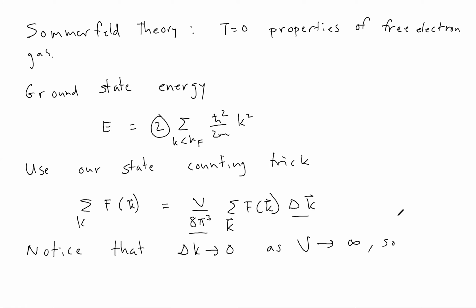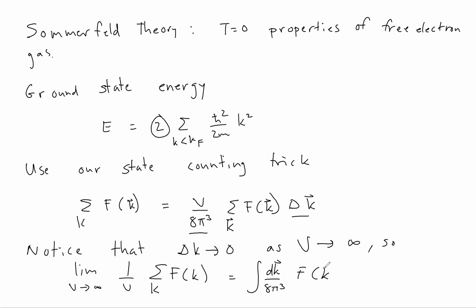So we can write the limit as V goes to infinity of 1 over V times the sum of all values of f of k as the integral dk over 8 pi cubed of this function f of k.